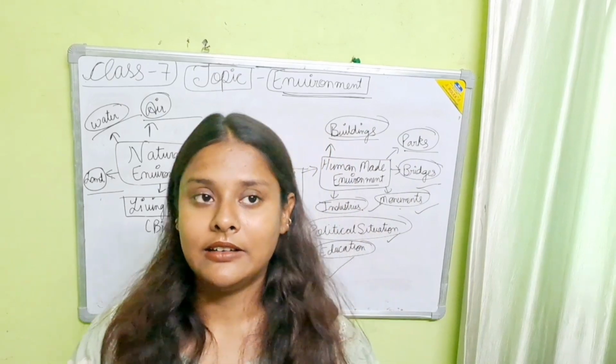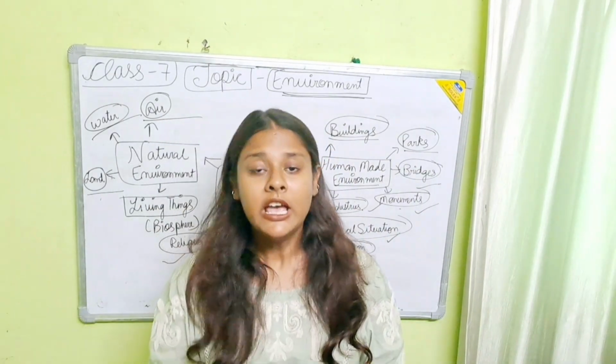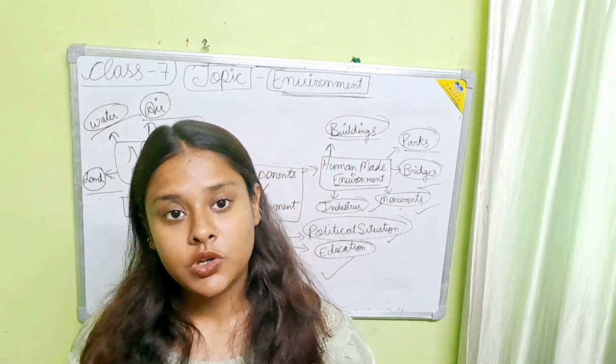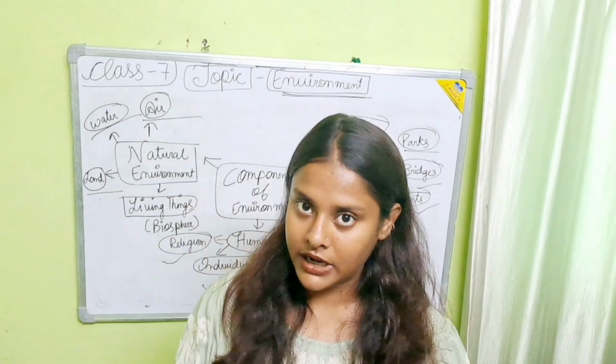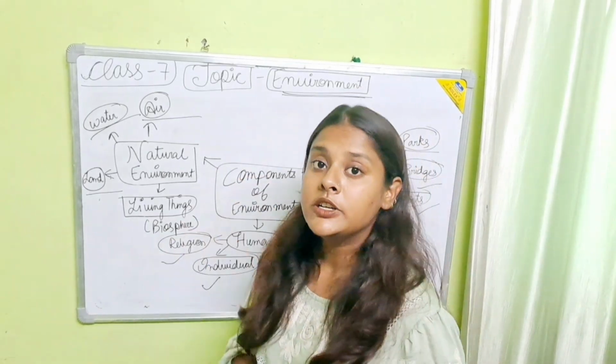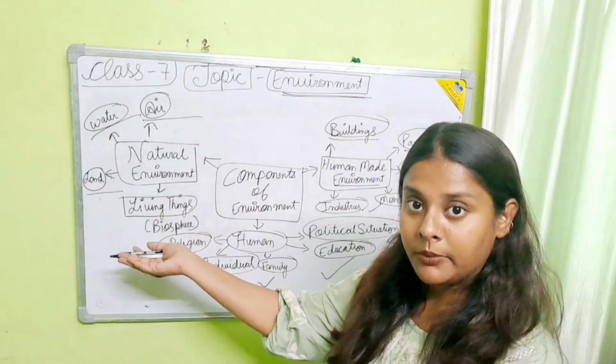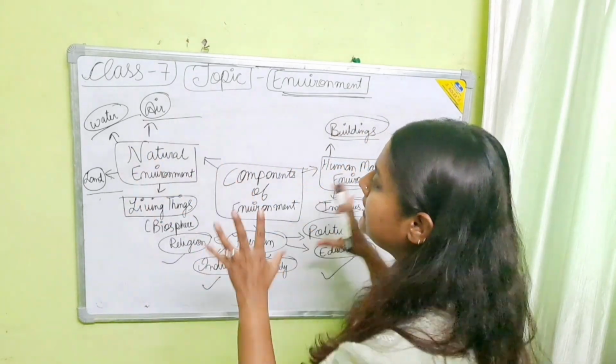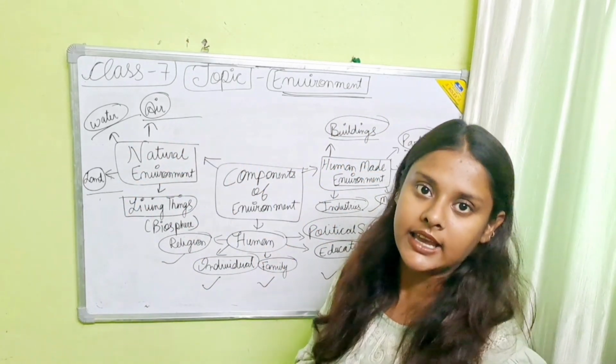I hope it is clear what environment is. Environment is a combination of natural and human-made phenomena, and its components are natural environment, human-made environment, and human. Now we are going to study these components in detail.